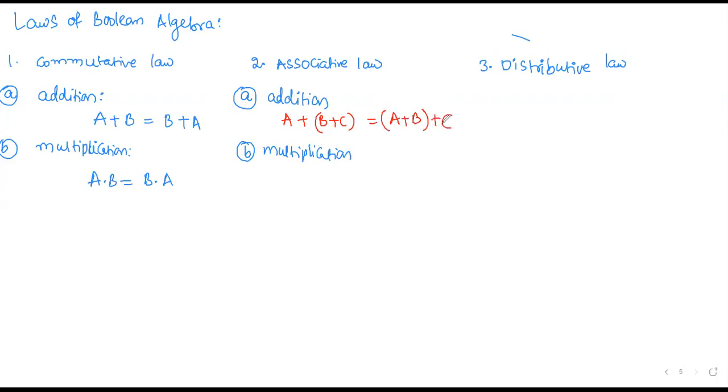Different combinations of addition of the variables give the same result. Variables are literals, whatever they may be. Multiplication: (A into B) into C is equal to A into (B into C).